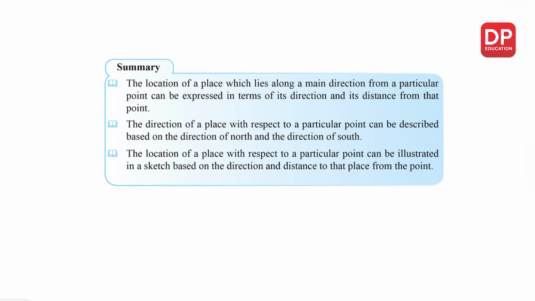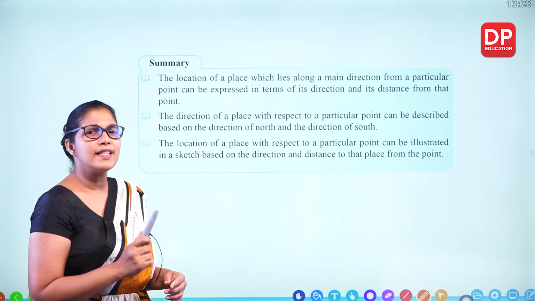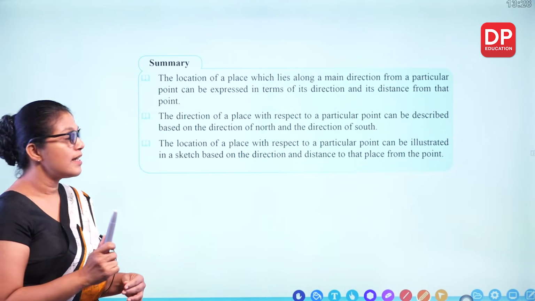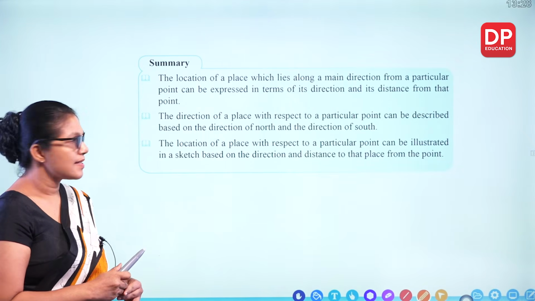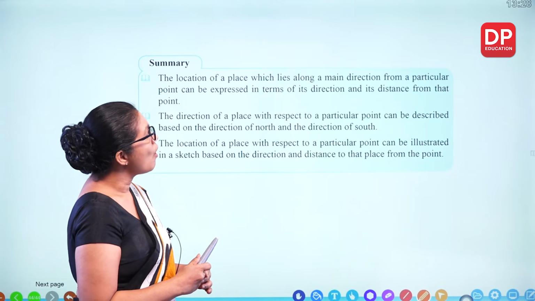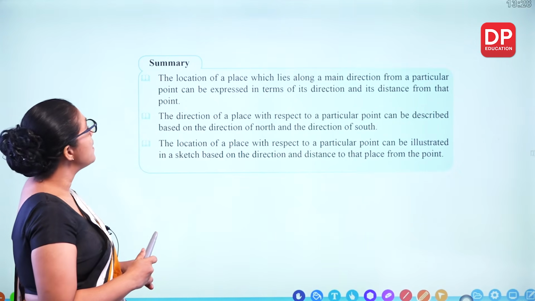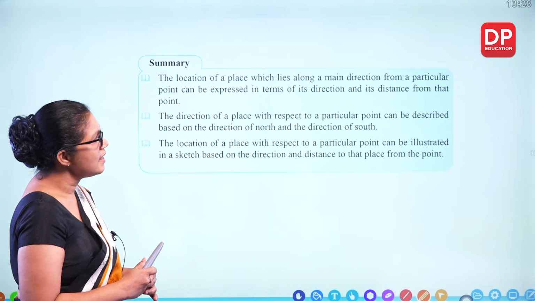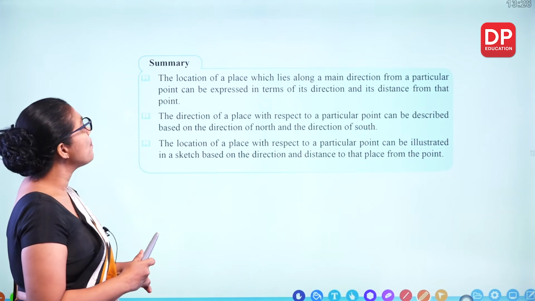So we completed all theory related to location. So what are the important things to identify a location? Direction and the direct distance. The location of a place which lies along a main direction from a particular point can be expressed in terms of its direction and its distance from that point.